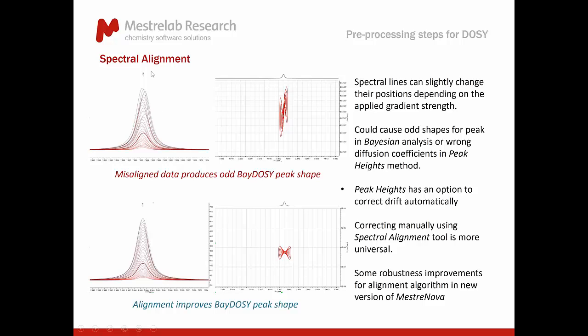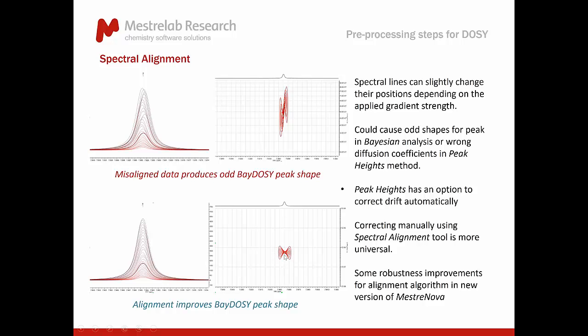There is an operation which we call spectral alignment. You select the region for the alignment, click OK, and you have perfectly aligned lines. If you do the Bayesian transform again, the shape is improved. You still have a little bit of these butterfly-type shapes.